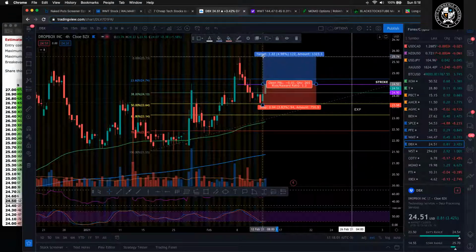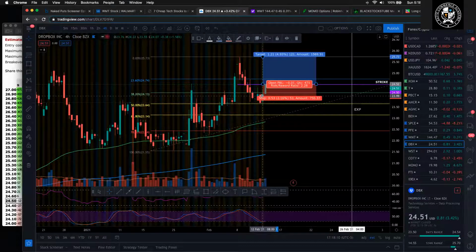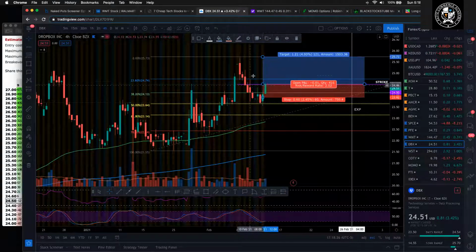Target price is the previous high, stop loss somewhere around this range to give me a good ratio. Risk to reward ratio right here, 2 to 1. That's perfect. Anywhere within a 2-to-1 ratio is good for you if you're using this measurement tool. So that's my entry.